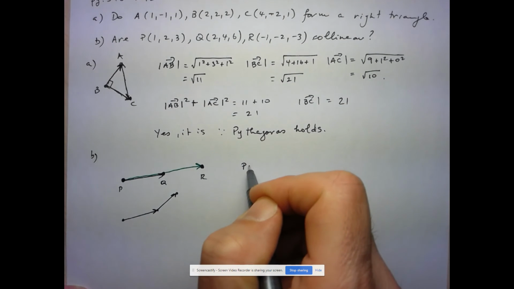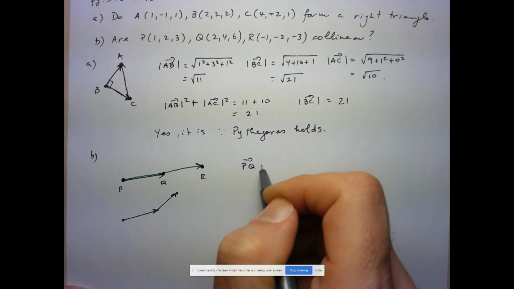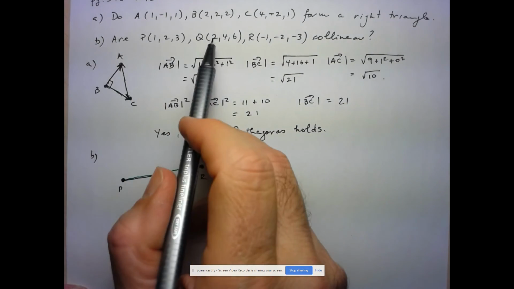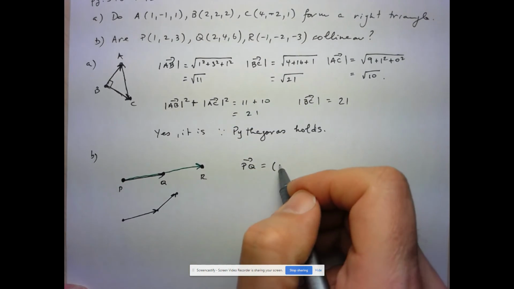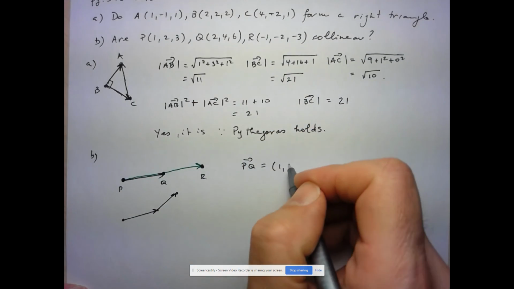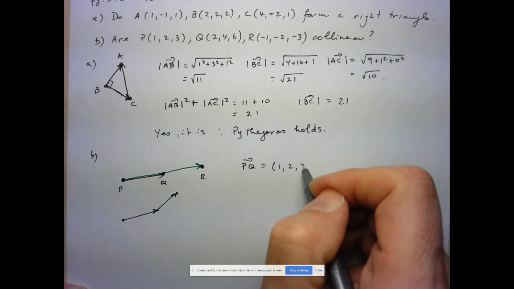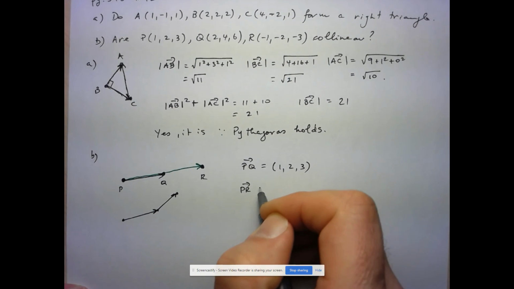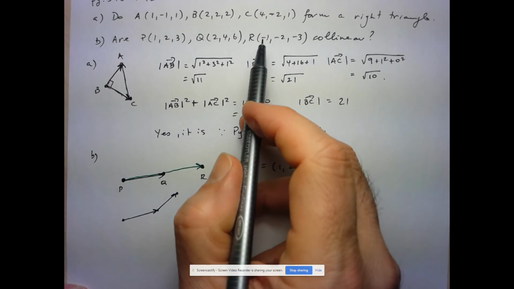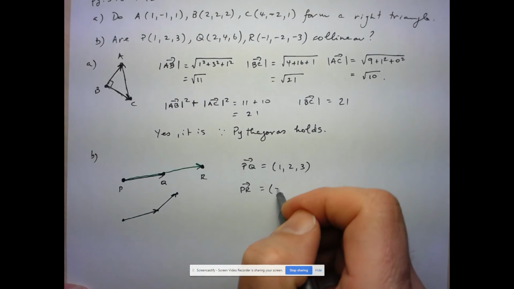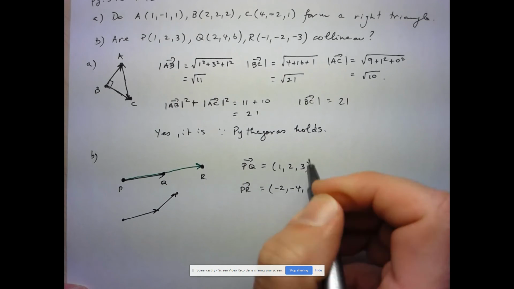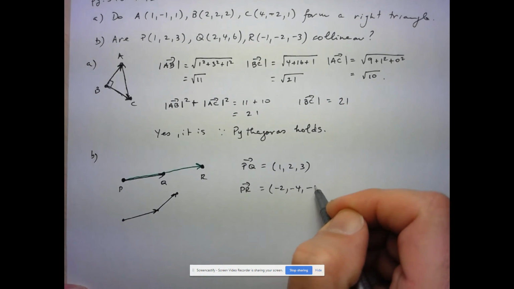So if I take the vector PQ, let's see what we get. 2 minus 1 is 1, 4 minus 2 is 2, 6 minus 3 is 3. And then let's take the vector PR. We get negative 1 minus 1 is negative 2, negative 2 minus 2 is negative 4, and negative 3 minus 3 is negative 6.